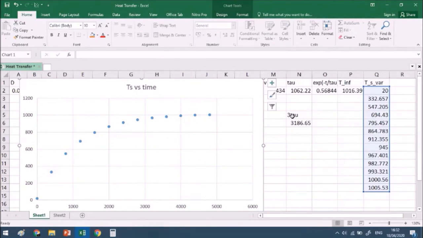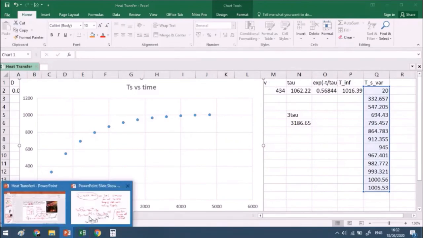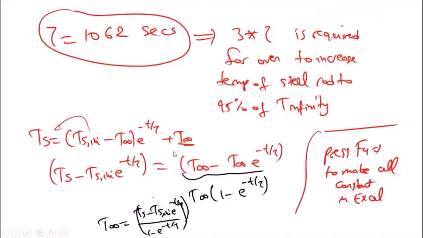This is the 95% rule. There is one more exact one, which is 4 tau, which is 99%, but we don't need it. Most of the time we use 95%, and therefore you have this chart, the temperature of the steel rod versus time. Okay, good. If I go back to the slide, we have finished the transient conduction part.